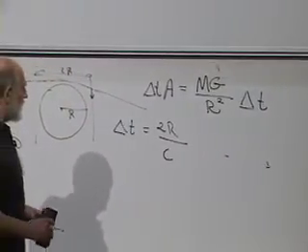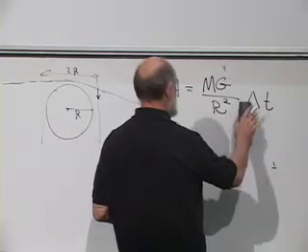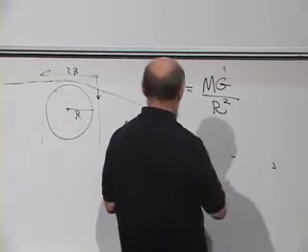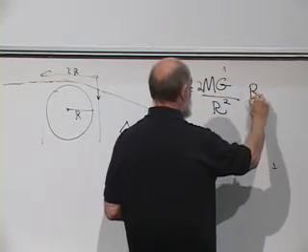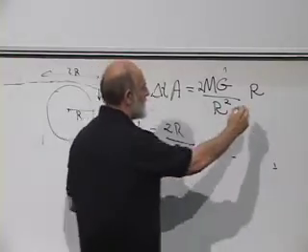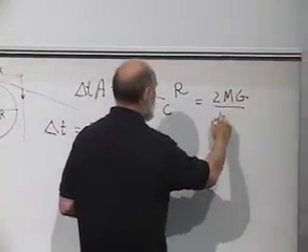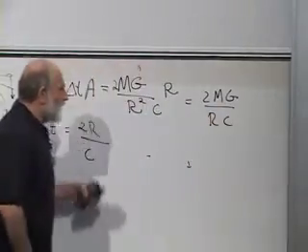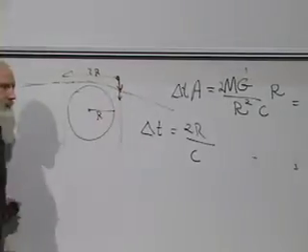Let's plug that in. That gives us another 2, but the 2 is not important. So that's twice Mg over rc, the downward component of velocity here.